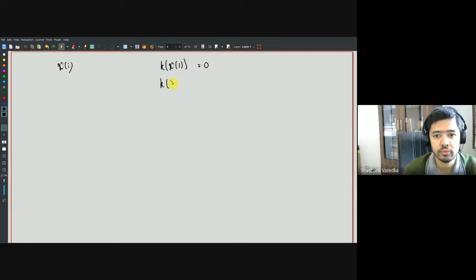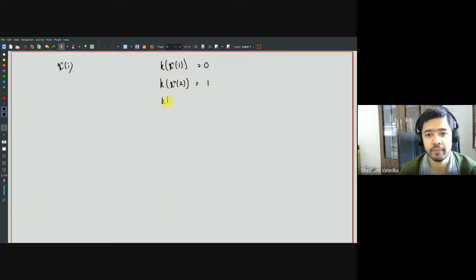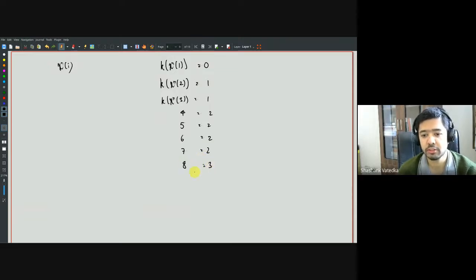K of xn of 2, that is for the second largest sequence, it is 1. K of xn of 3, it is 1, and so on. For 4, it is going to be 2. For 5, it is going to be 2. For 6, it is going to be 2. For 7, it is going to be 2. And then for 8, it is going to be 3. And so on. Up to what will it be equal to 3?